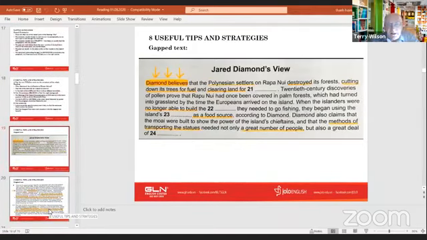So this is the gap text, where you have to complete all the gaps. And what I've done, I've underlined some keywords and phrases which might or might not help me find the answers.